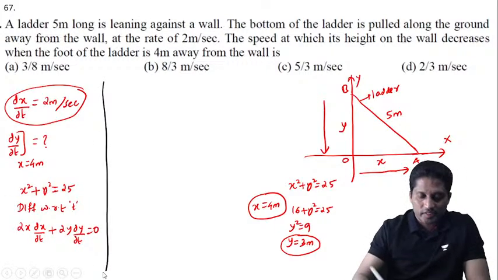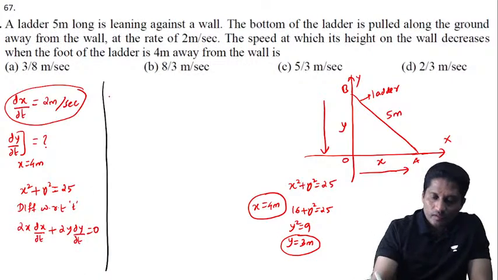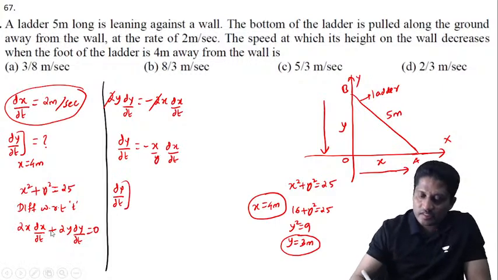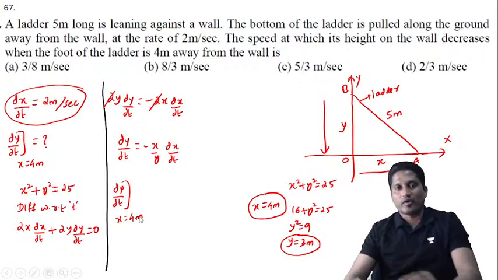Right, now if I shift on the right side, this is 2y into dy by dt is equal to minus 2x into dx by dt. This will cancel. You will get dy by dt is equal to minus x by y into dx by dt. dy by dt when x is equal to 4 meter, that is the foot of the ladder is 4 meter away from the wall.